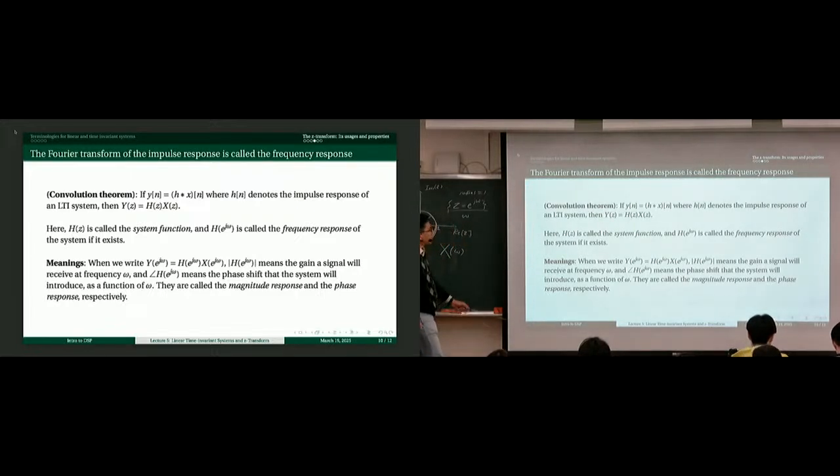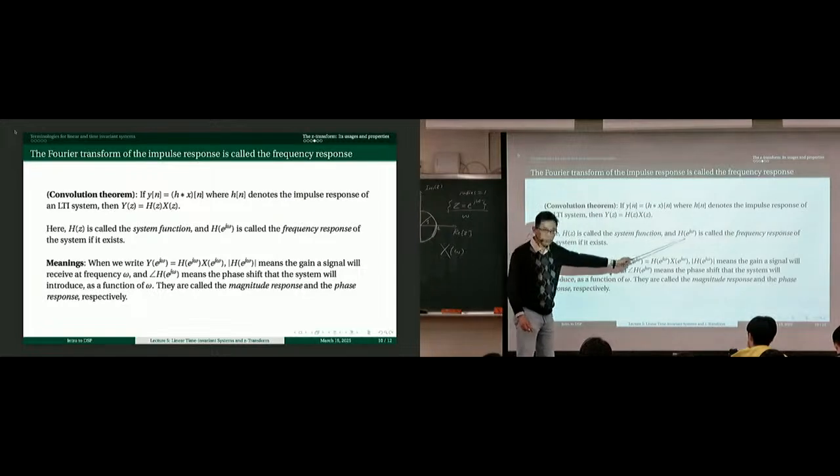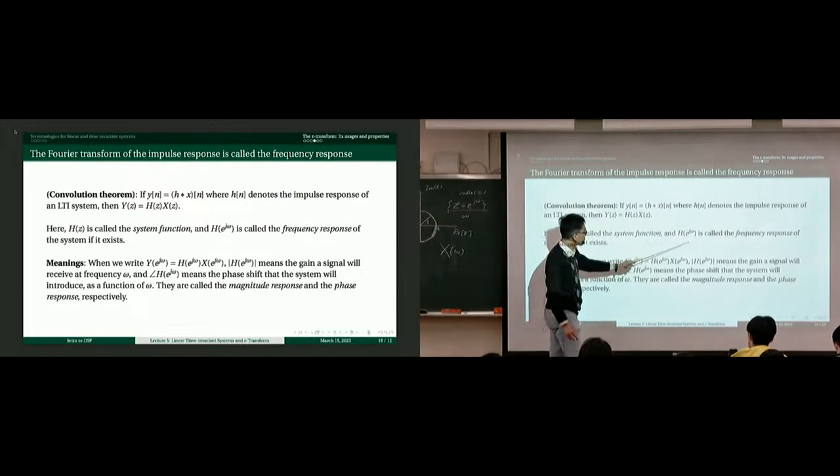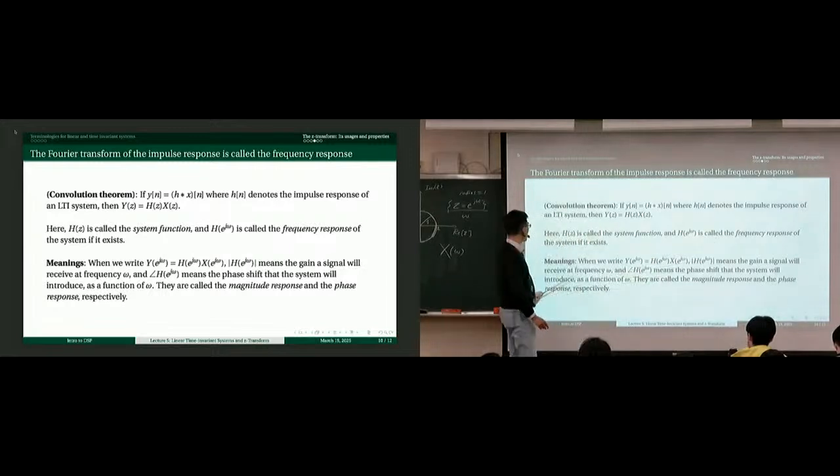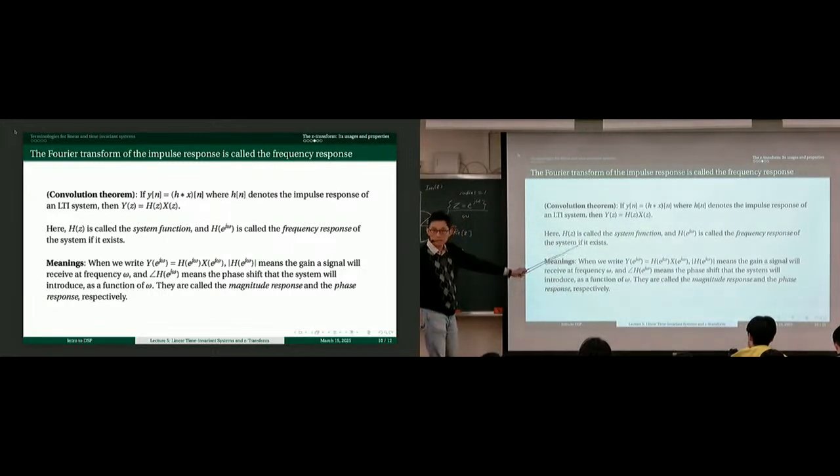A few terminologies here: H of Z denotes the Z transform of small h, and we can call it the system function. There will be examples. When we evaluate this Z transform on the unit circle, then as a function of frequency, it is called the frequency response of the system, if the DTFT exists.